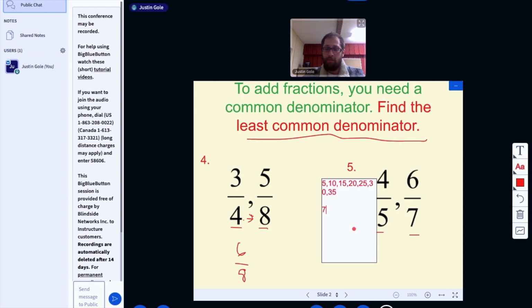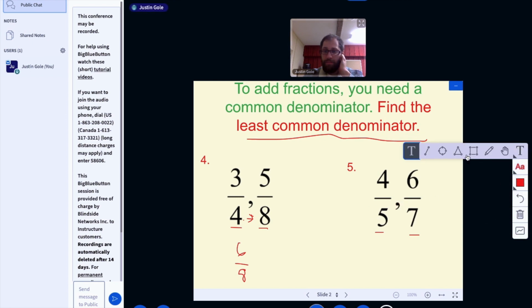Let's do the same thing with 7. Multiply it by 2, it's 14, 21, 28, 35. So we get 35. They both have 35. So my least common denominator that we were looking for is 35.